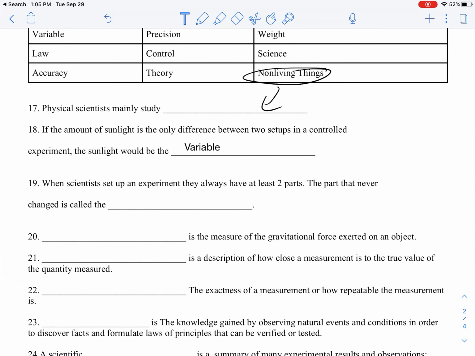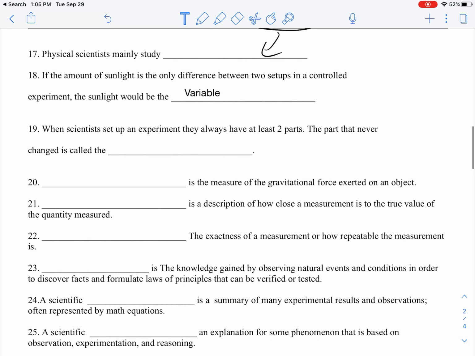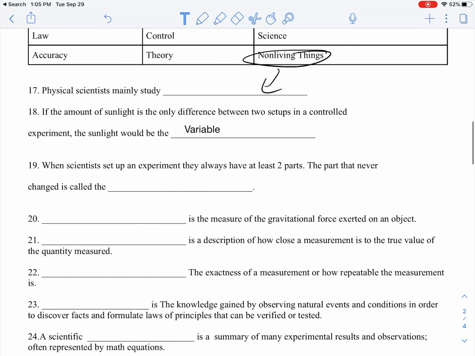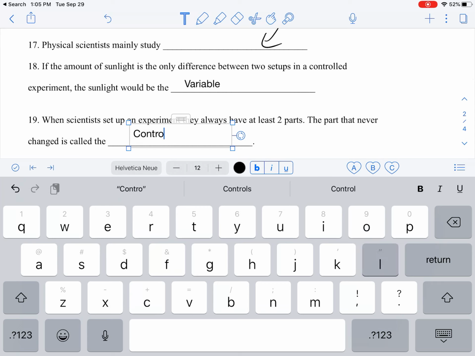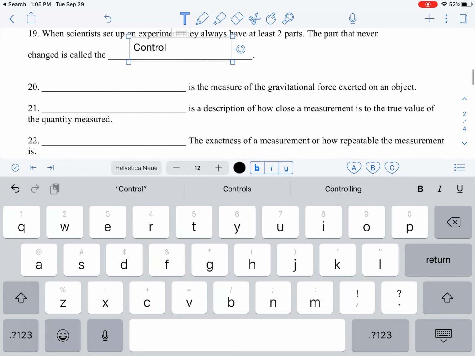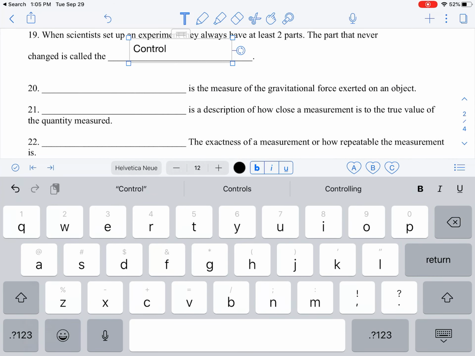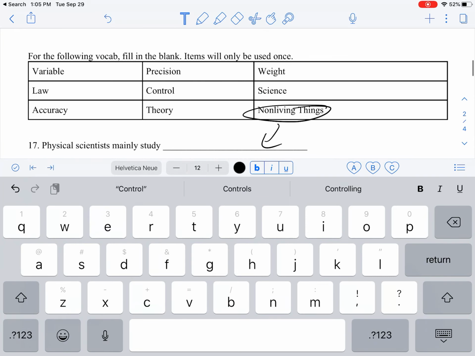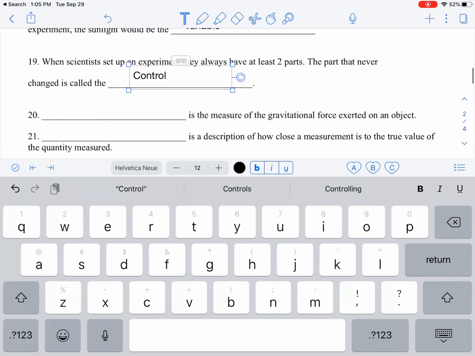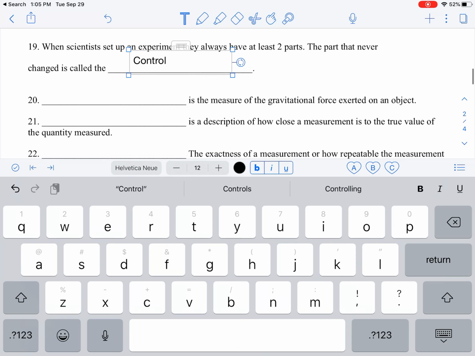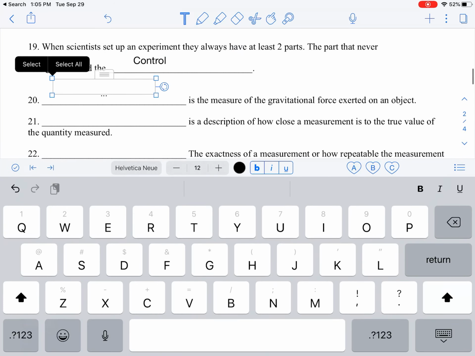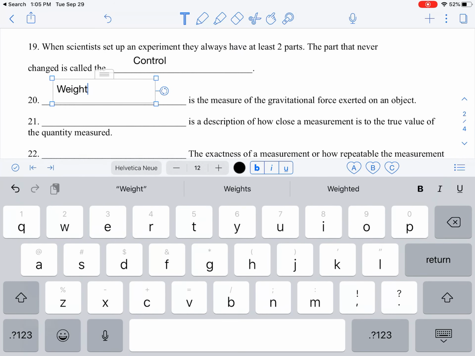Okay. When scientists set up an experiment, they always have at least 2 parts. The part that never changes is called the control. Blank is the measure of the amount of gravitational force exerted on an object. That would be weight. Okay, so hopefully as you're going through here, you are editing.